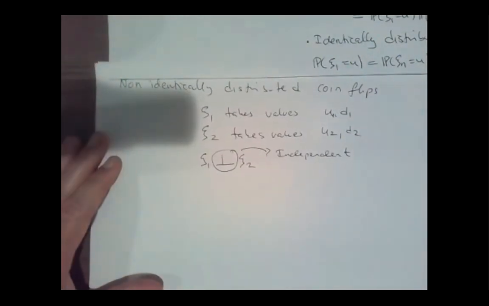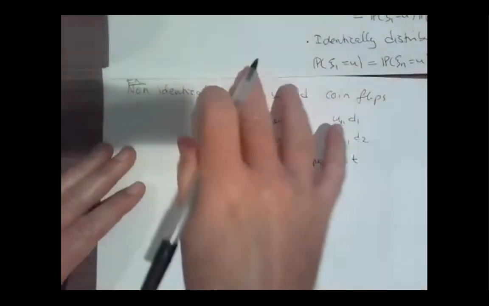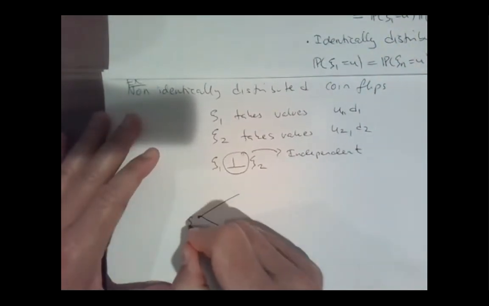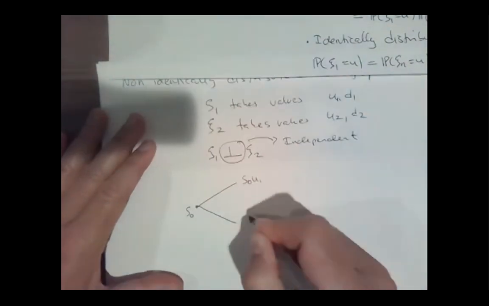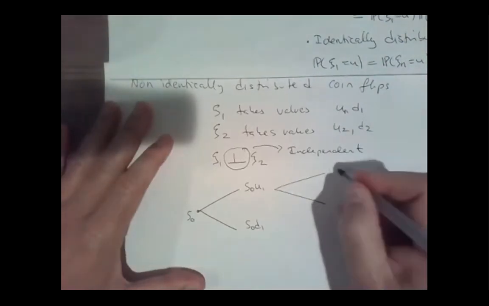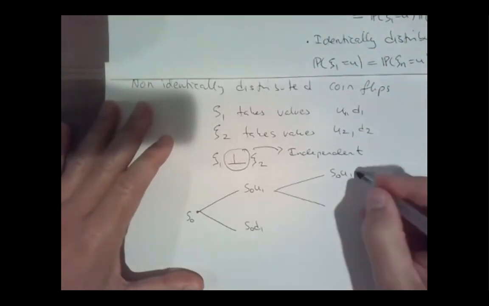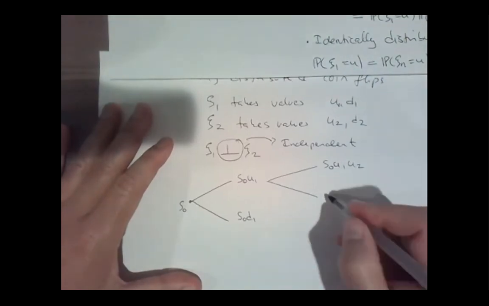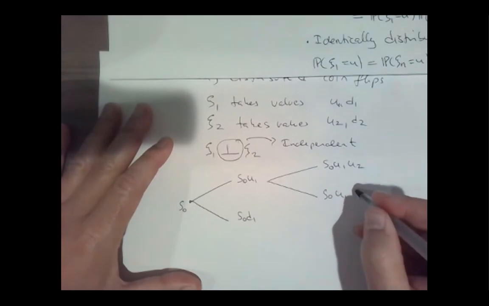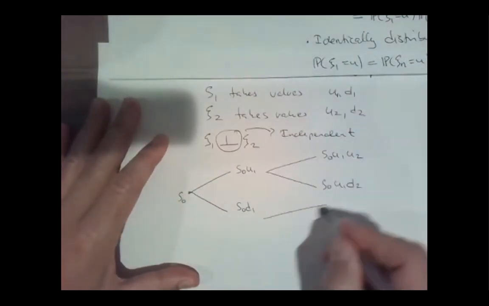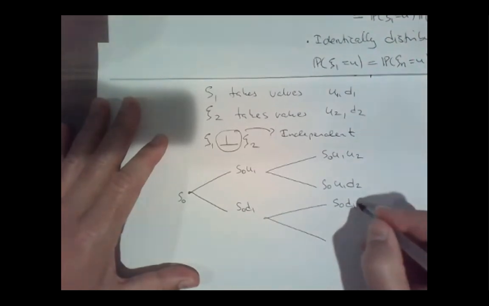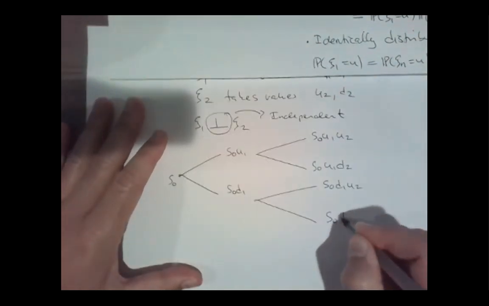I could still have them independent, but if I look at the recombining property, I'll get S0, and then S0 U1, S0 D1, and then in the next step I'll get S0 U1 U2, S0 U1 D2, S0 D1 U2, and S0 D1 D2.